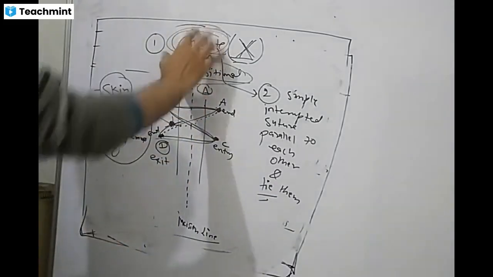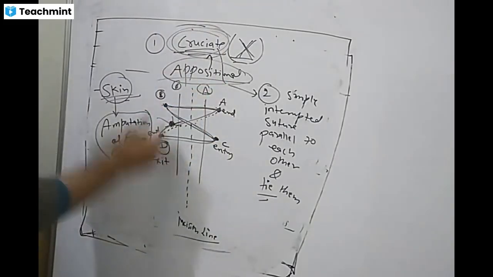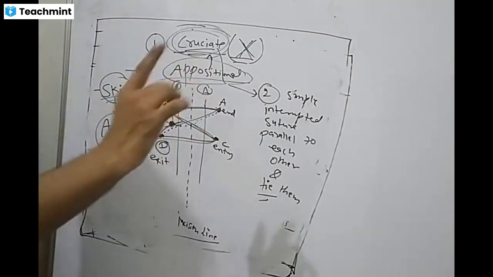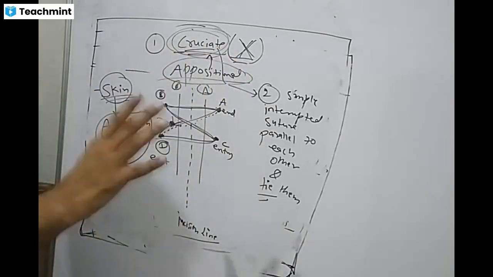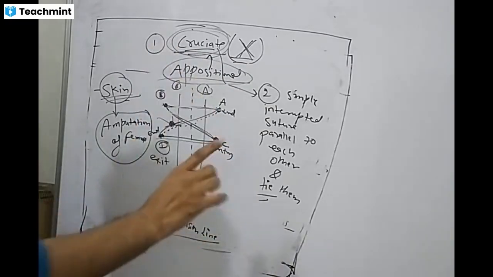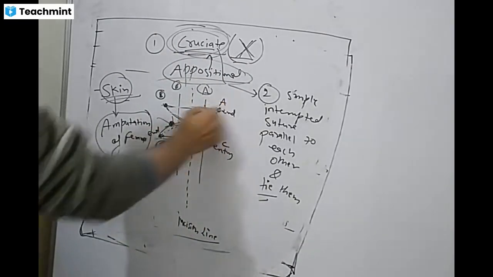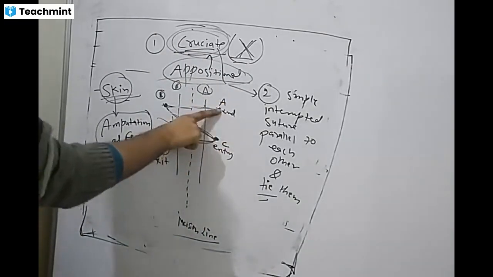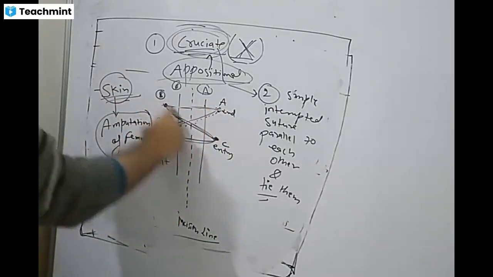So the cruciate type is an oppositional type which opposes the ends. After the amputation of the femur, we want to oppose the skin flap, so we apply the cruciate pattern. In this case, there are two simple interrupted sutures placed parallel to each other, and at the end we join these two ends, A and D, and after joining it becomes like a cross.